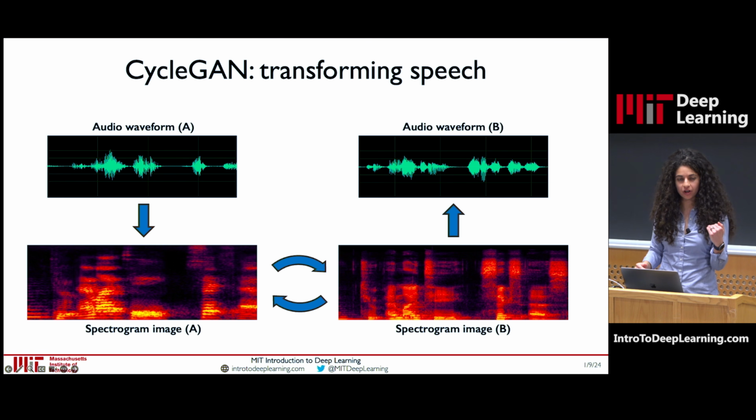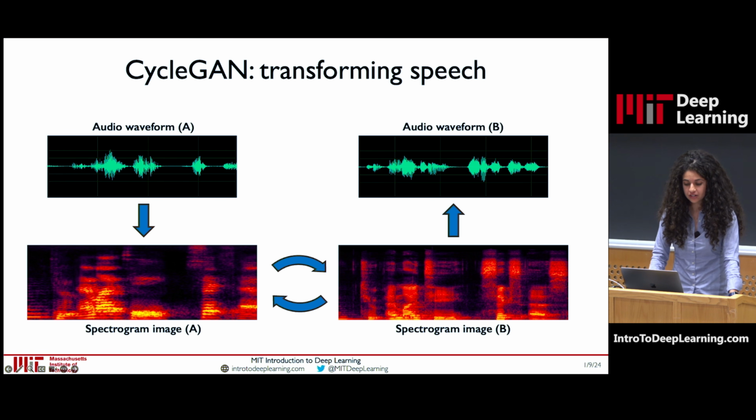So following this conversion of the audio waveforms to these spectrogram images, the CycleGAN was trained to perform this conversion.